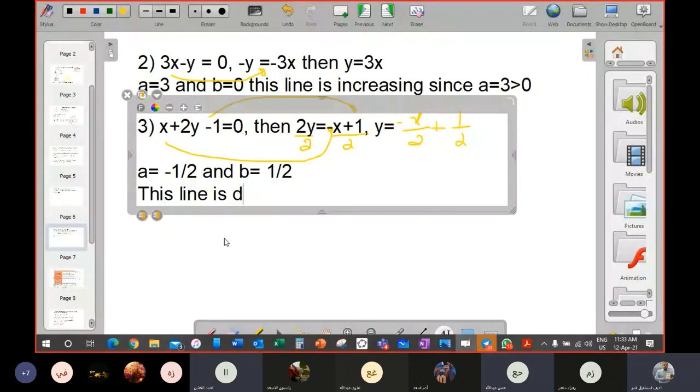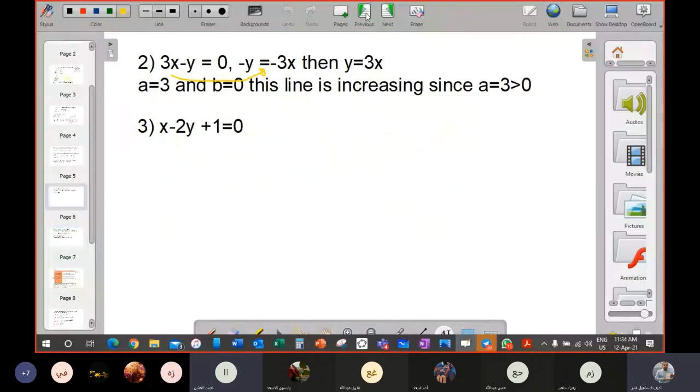Decreasing. This one is decreasing because the slope a equals minus 1 over 2, which is less than 0. Okay, and now we have part 4.